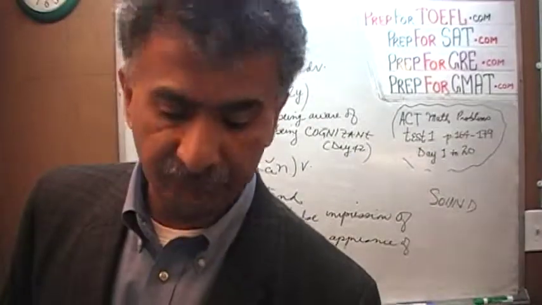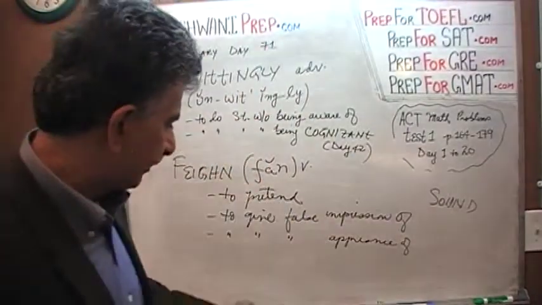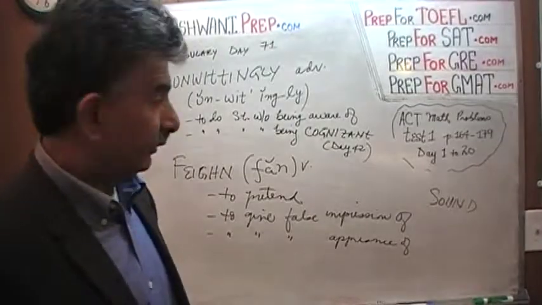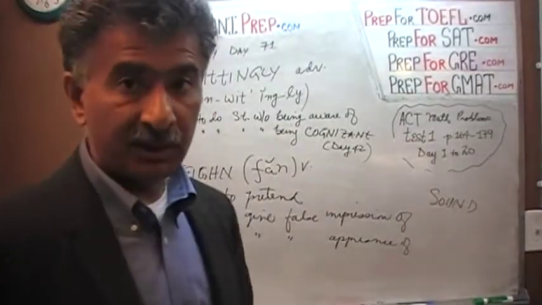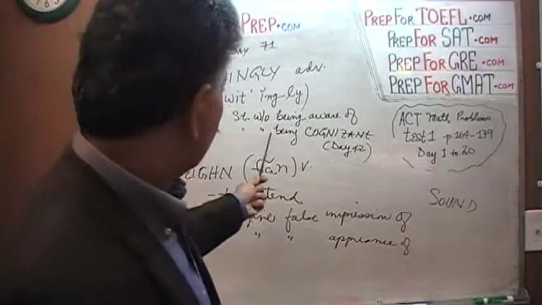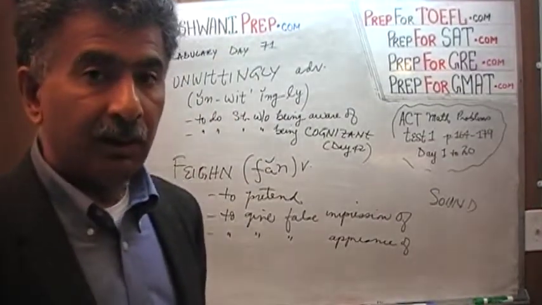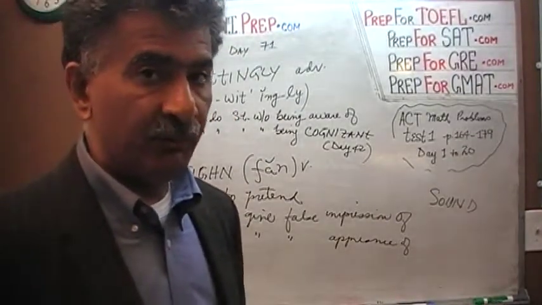What does it mean to be cognizant? Cognizant means to be aware of something, to have knowledge of something. The word cognizant comes from the word cognition, which means knowledge. So if you're not cognizant, that means you're not aware of it, you don't have knowledge of it.